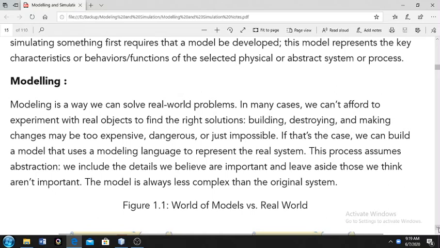So modeling simplifies the process, and building the real thing is also expensive, sometimes dangerous, and just sometimes impossible to do. So in the real world, in the reality, you model it, and then you simulate.